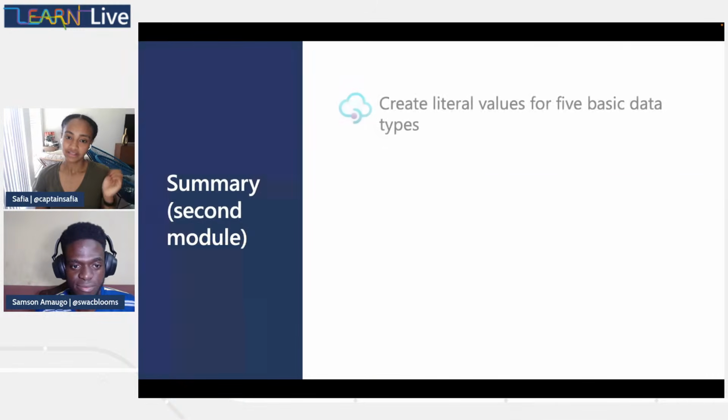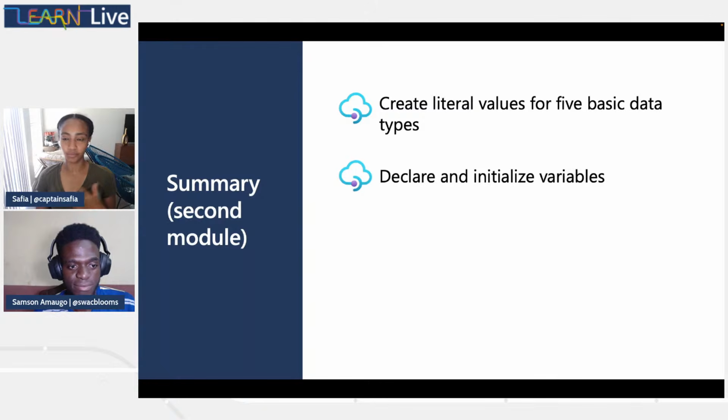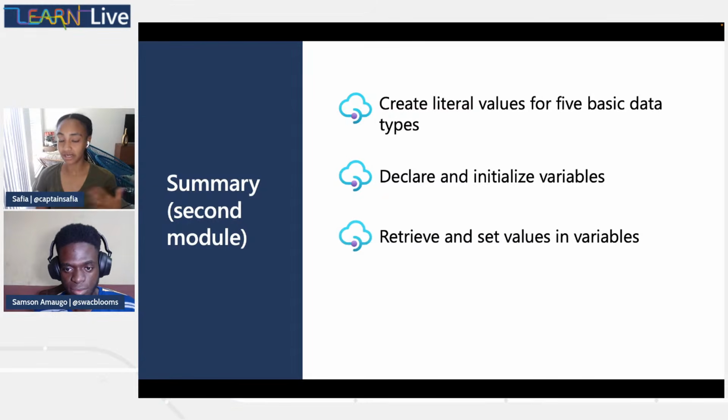Oh, so that was part 2. We talked a little bit about literal values, where it makes sense to use literal values and where they might not be sufficient for the majority of programs you write. We talked about declaring and initializing variables and interacting with those variables by overriding them or using the values or data stored in a variable throughout your program's execution.